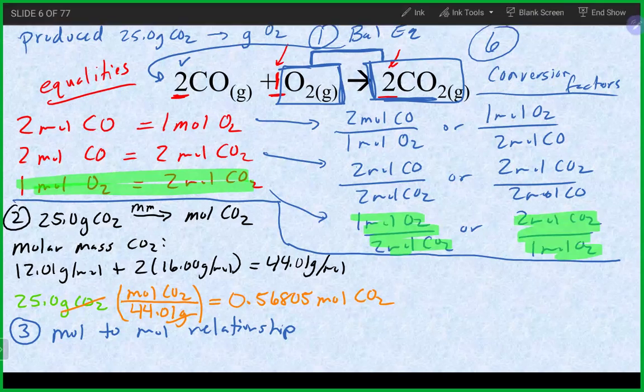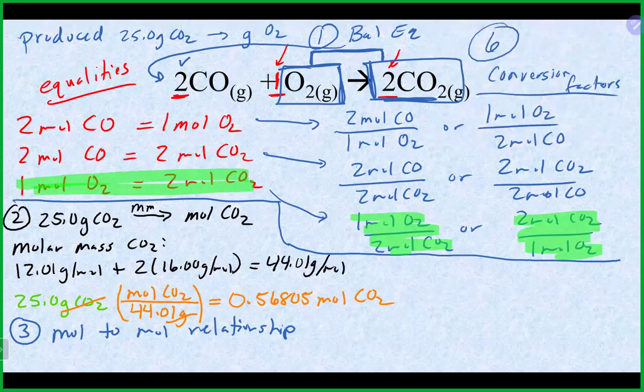Now remember that I want to get rid of CO2 and end up at O2. Which conversion factor should I use, the one on the left or the one on the right? Which one will get rid of CO2? Opposites cancel, right? So this one here will get rid of the CO2.